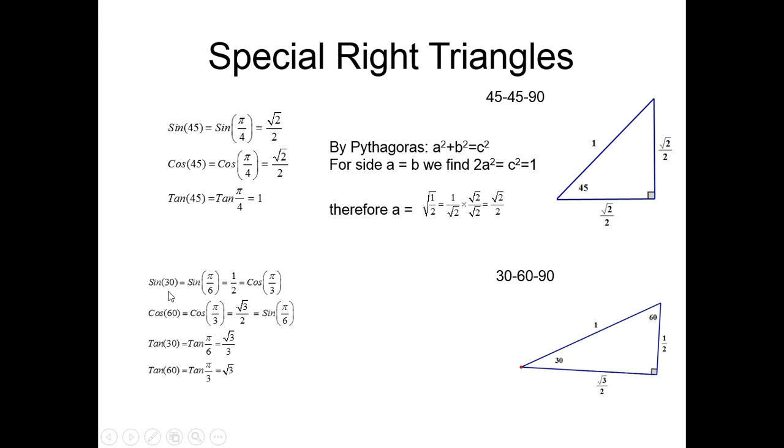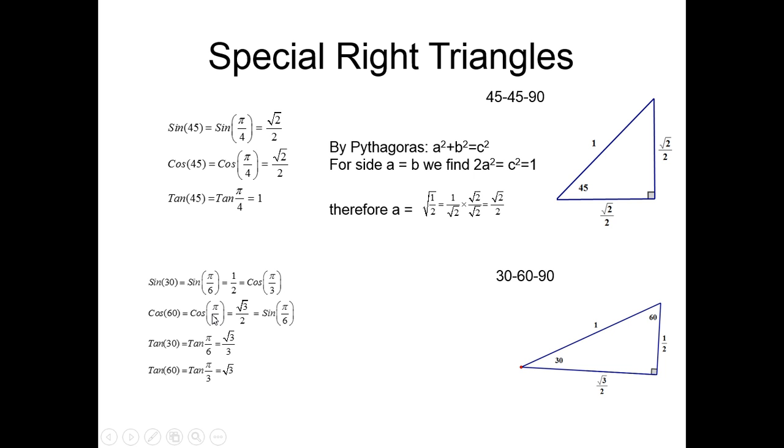So looking at the sine of 30 degrees, which we will soon call the sine of pi over 6, but for now we just refer to it, that will be radian mode. Sine of 30 is 1/2, because sine is the opposite over the hypotenuse, 1/2 over 1, which is 1/2, which would also be the cosine of pi over 3, or the cosine of 60 degrees.